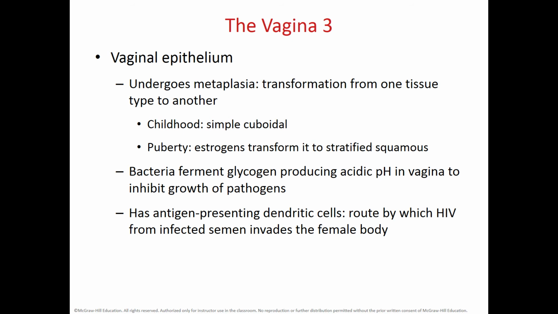Now, inside the vagina, there are bacteria that are part of the normal flora that will ferment glycogen, producing acids that will drop the vagina pH, which inhibits the growth of harmful bacteria that we call pathogens. And also within the vagina, there are antigen presenting cells called dendritic cells that can be infected by HIV.